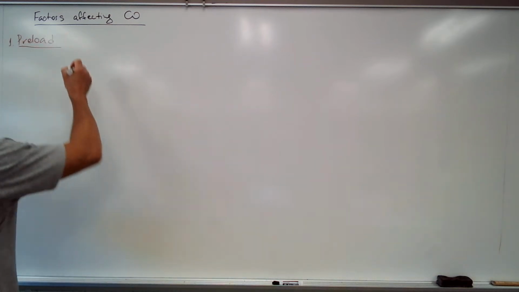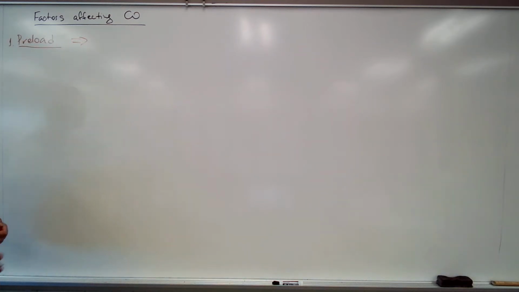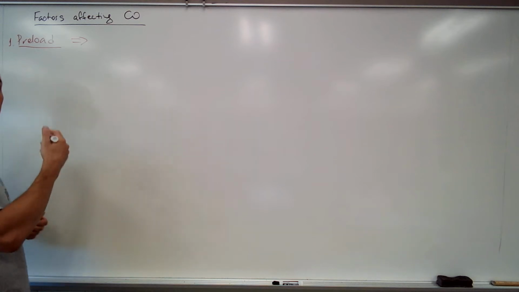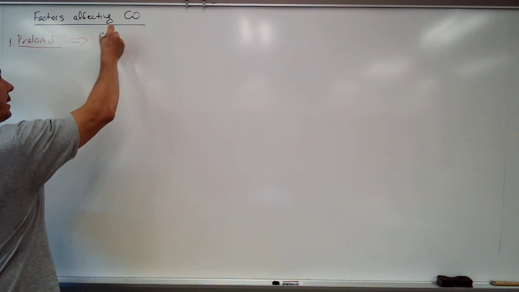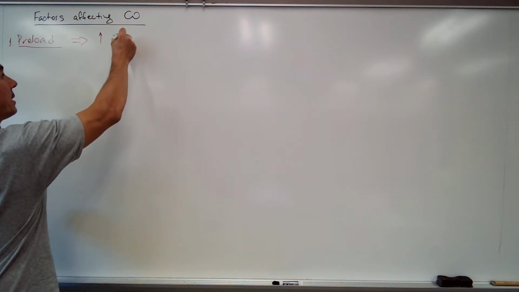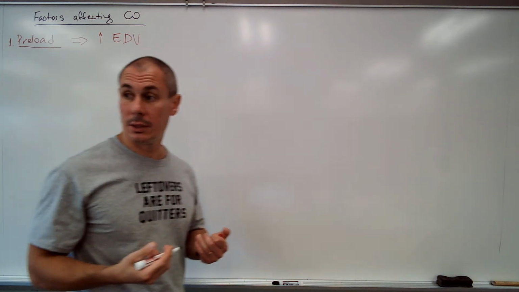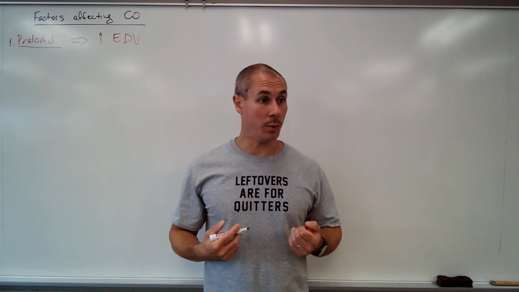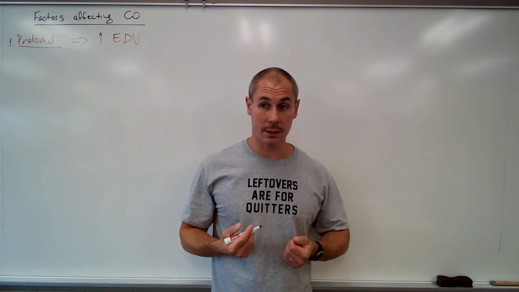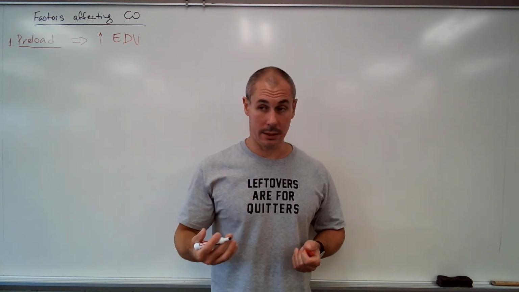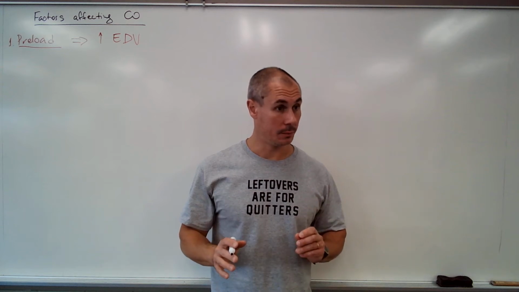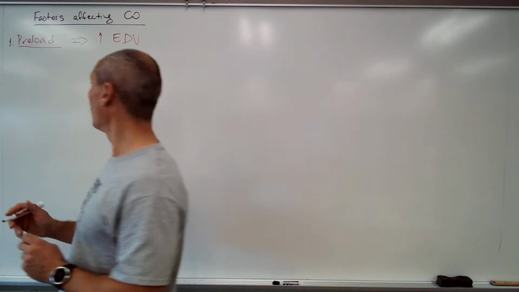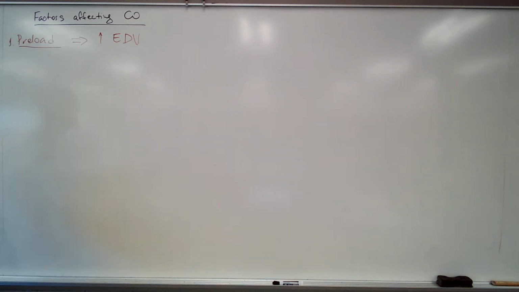So basically, preload can be transpired to higher end diastolic volume. How much blood can be returned to the heart at the end of diastole? Are we clear? So what can lead to the increased preload? What can lead to higher end diastolic volume?